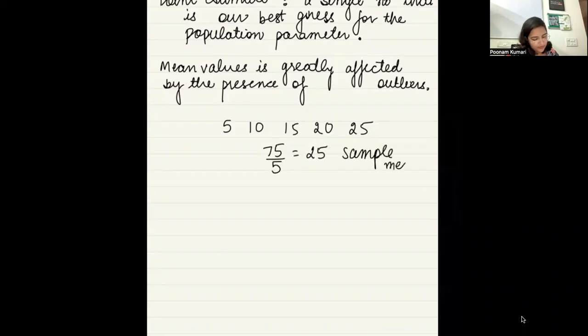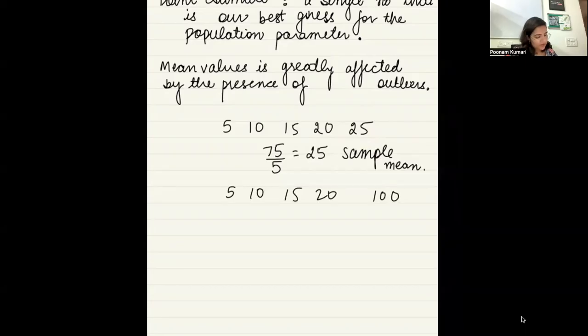But instead of this 25 value, I just replace it by 100, let's say, right? So 5, 10, 15, 20, and 100. Now what is my sample mean?